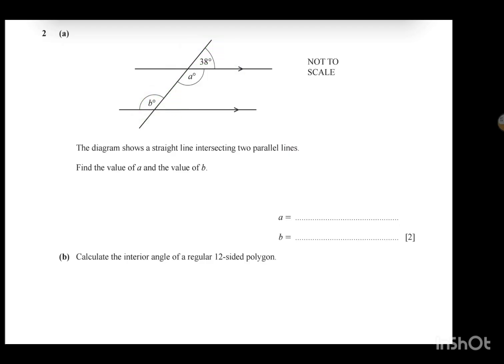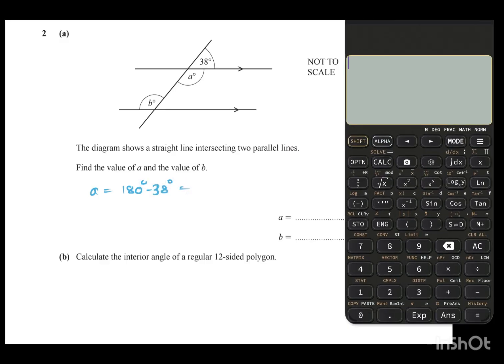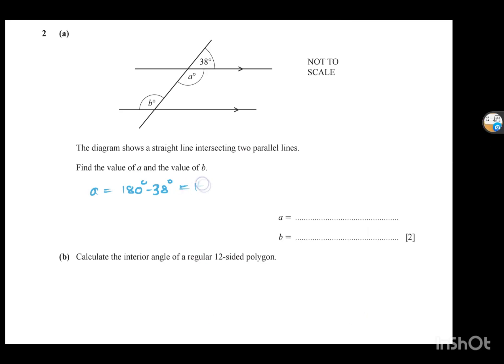So we have to just subtract 38 from 180. We will get the value of A. 180 minus 38, 142. So A is 142.